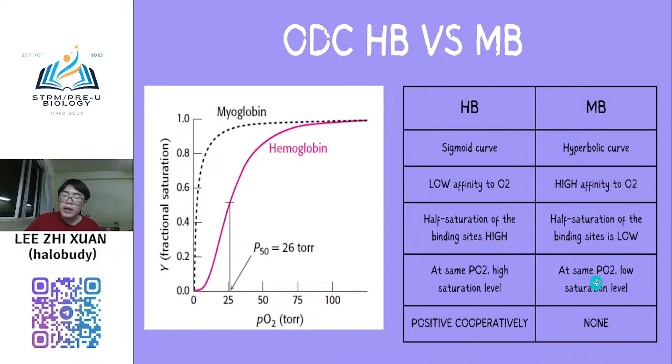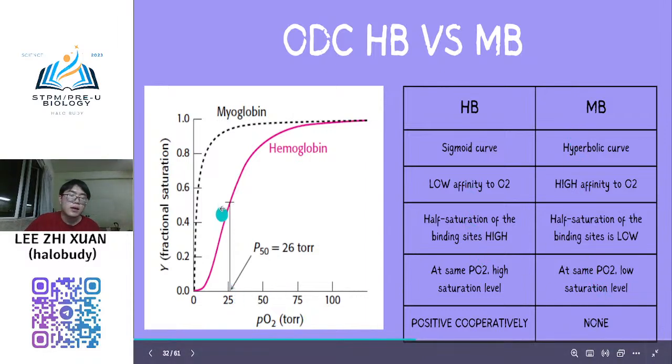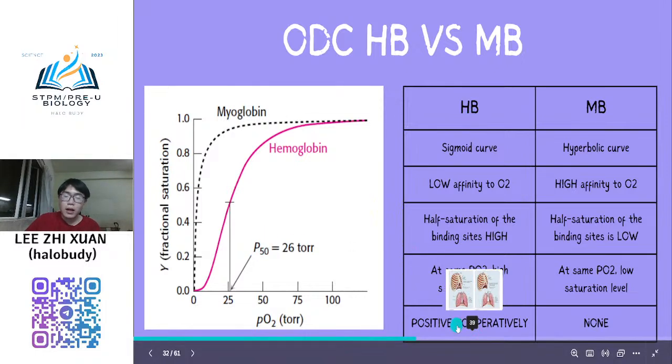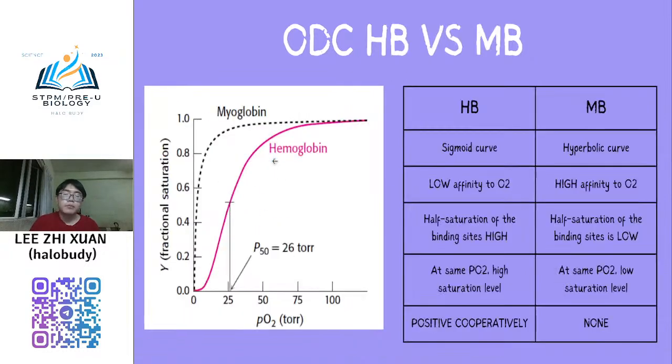And then hemoglobin shows positive cooperativity, but for myoglobin, we cannot say it shows positive cooperativity. I think that's all. These are the differences between the hemoglobin and myoglobin oxygen dissociation curves.